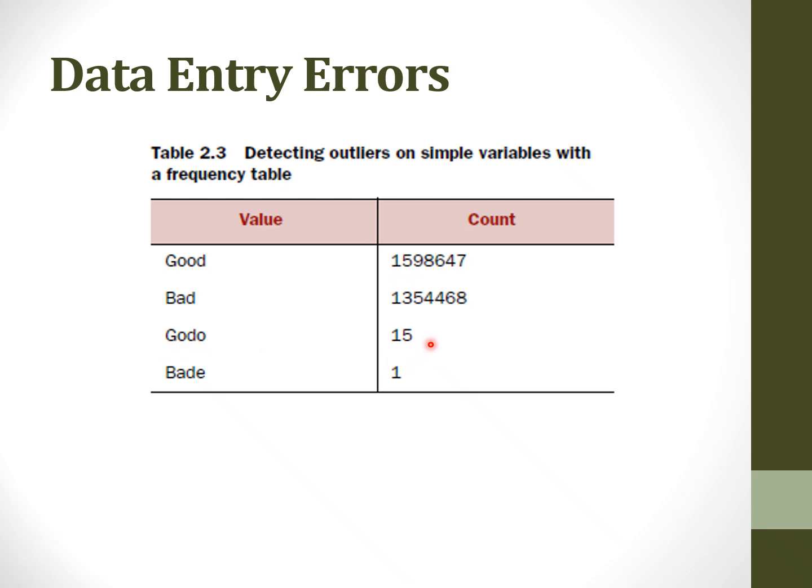See the count, it is 15 times the word good has been misspelled as GODO. Similarly, in the case of bad, some extra letters are added at the end. These are considered data entry errors. These errors have to be removed, and that is what is done in the data cleansing process.